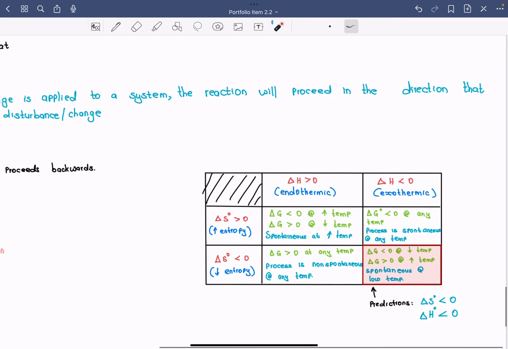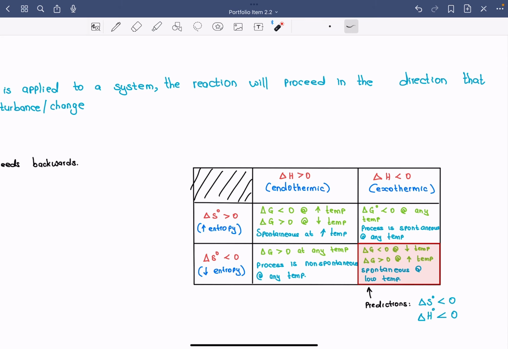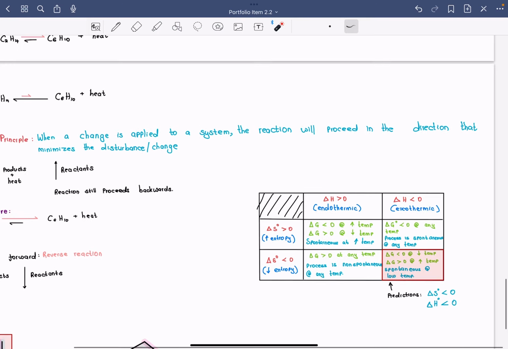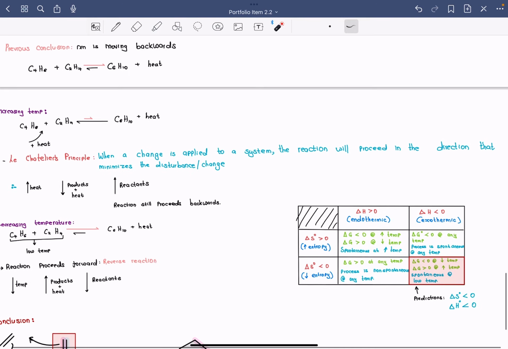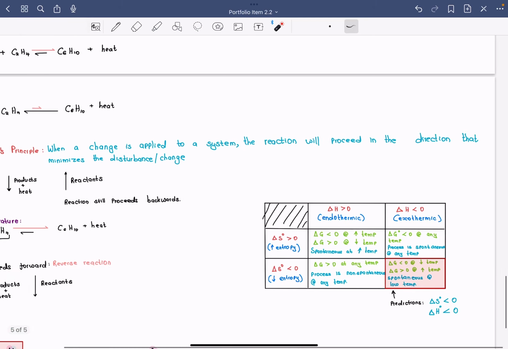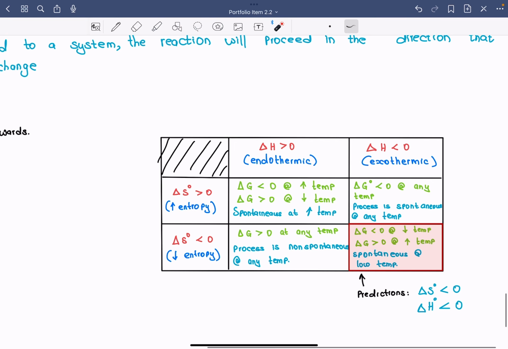If we go back to the thermodynamics table predicting the delta G and the spontaneity of a reaction, we can conclude that at low temperature, our reaction is spontaneous, right? And remember what we predicted about delta S and delta H? We predicted that our delta H is less than 0, and our delta S is less than 0.